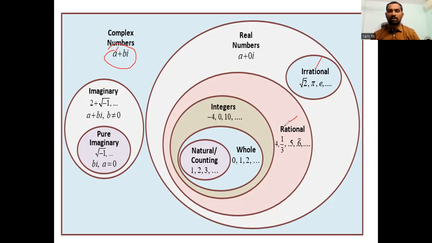We have rational numbers, and within the rational numbers we can consider integers. Within the integers we have whole numbers, and within the whole numbers we have the natural numbers. The difference between natural and whole numbers is that natural numbers don't have zero, while whole numbers do. We have already seen integer sets in the first unit.